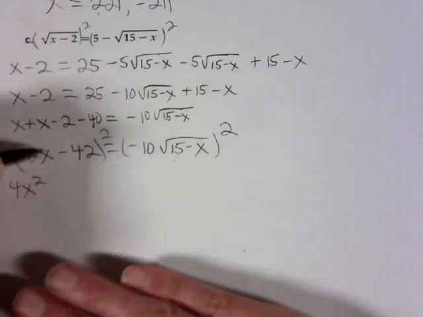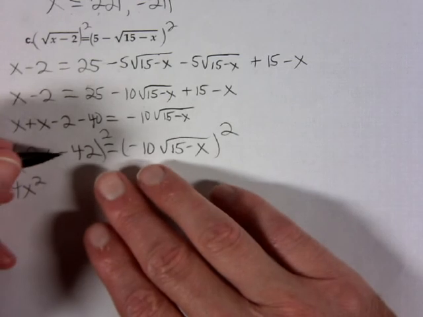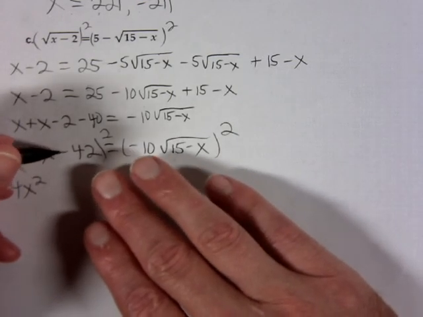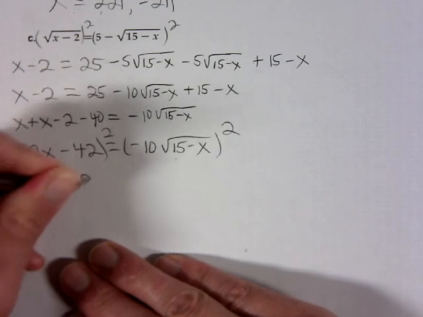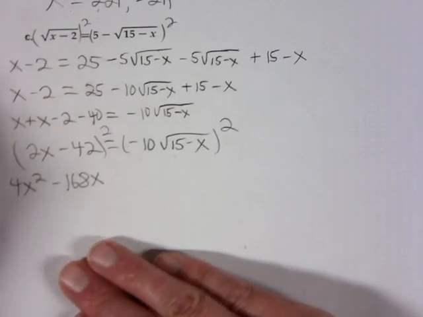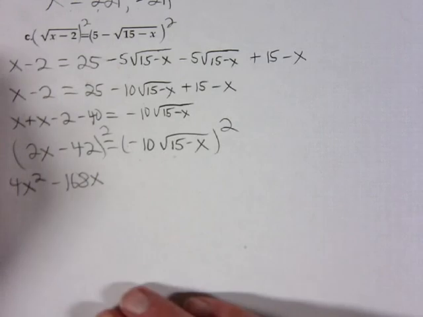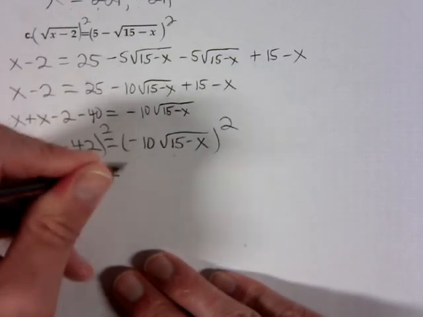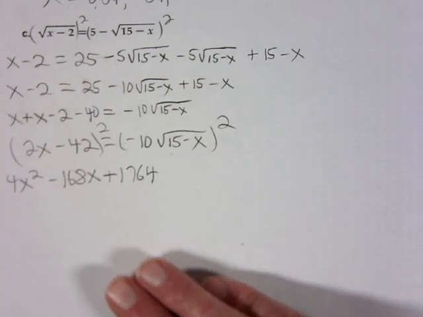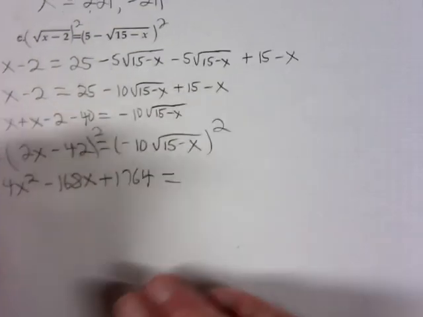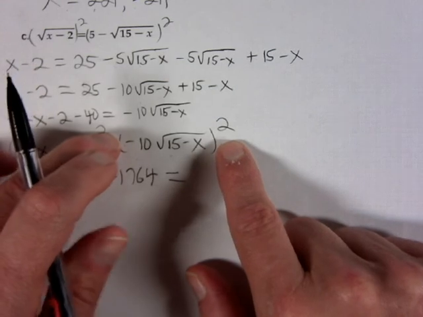So in the middle, we would get negative 84x minus 84x, which is negative 168x. Okay? And then I've got 42 squared, which is going to be plus 1764. And on the other side now, I've got this thing squared, right?